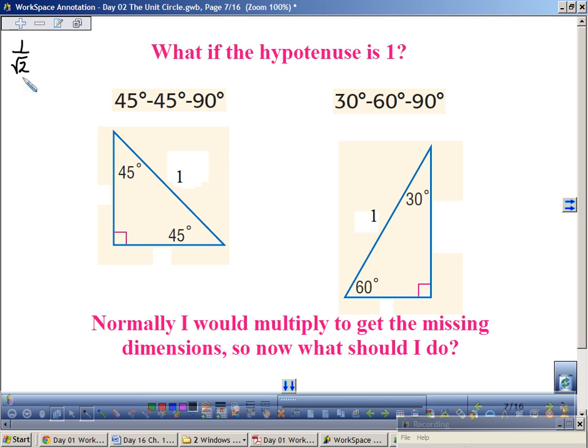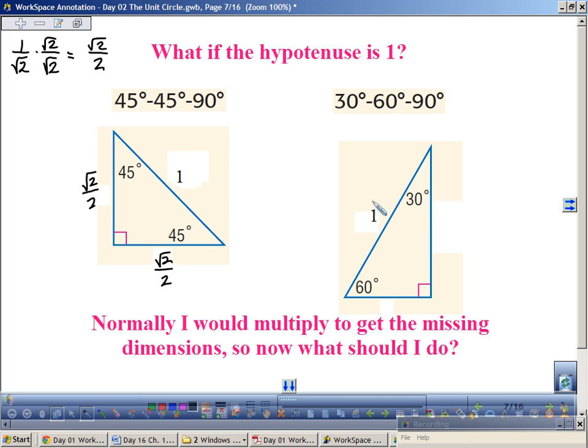Why is this not okay? See it? So this side is root 2 over 2, and this side is root 2 over 2.